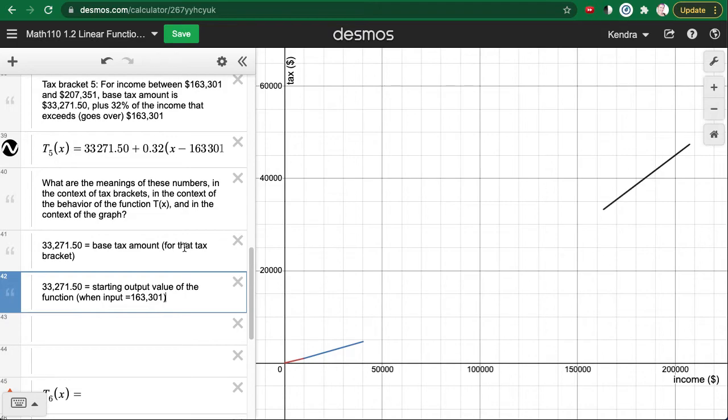So let's say this is for the tax bracket beginning with income $163,301.